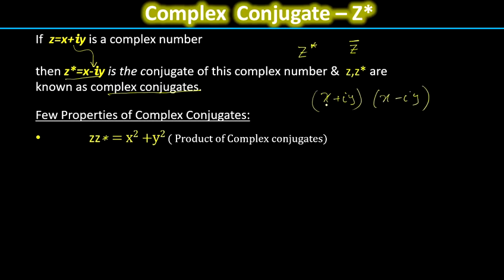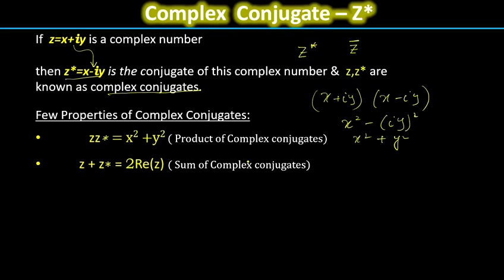You have the format of a plus b, a minus b, that is equal to a square minus b square. X square is there, i square is minus 1, minus minus becomes plus, y square is y square. Note down this property. Whenever you multiply complex conjugates, you get real square plus imaginary square.